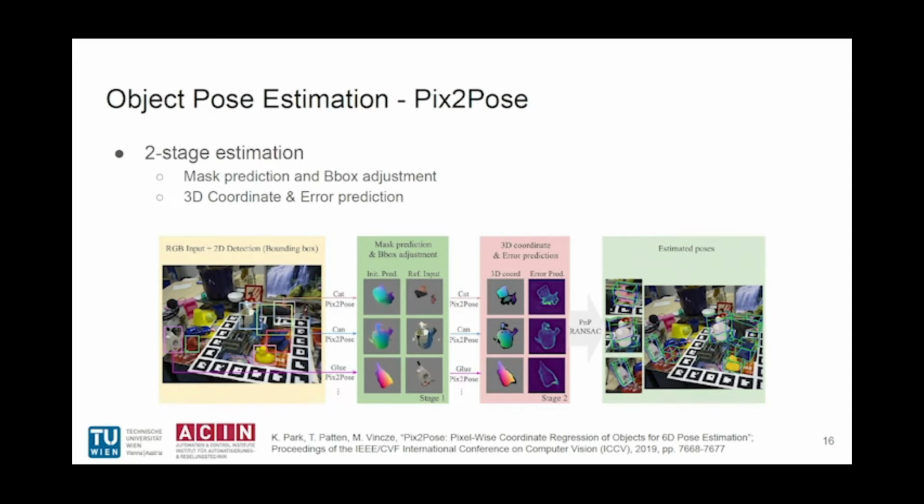This will give you a rough estimate, but through the mask predicted there, you can fake having a mask detection in the first place. Once you have this first mask, you can refine your prediction using the mask instead of all the points in the bounding box, and predict again the correspondences themselves. That you can use for your final pose estimation through PnP plus RANSAC.